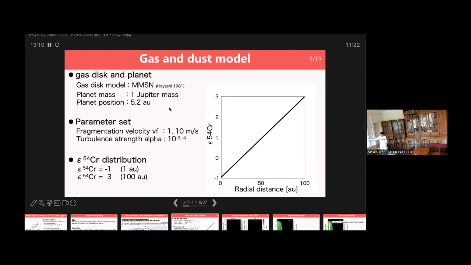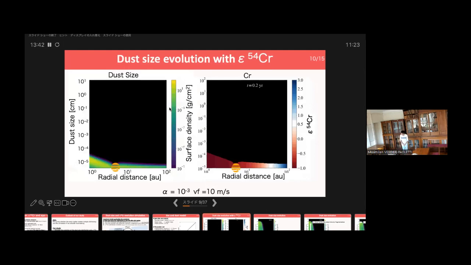The fragmentation velocity controls the size of the maximum dust particles, and the turbulence strength controls the efficiency of dust leaking, because turbulence diffuses tiny dust particles into the outer reservoirs. On the next slide, I will show the result of my numerical simulation for dust size evolution and isotopic development.